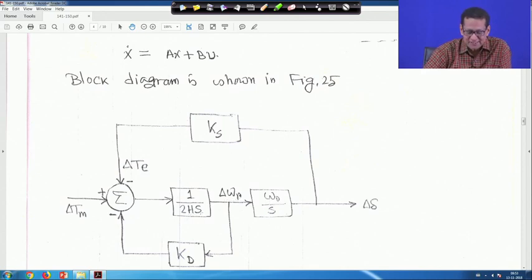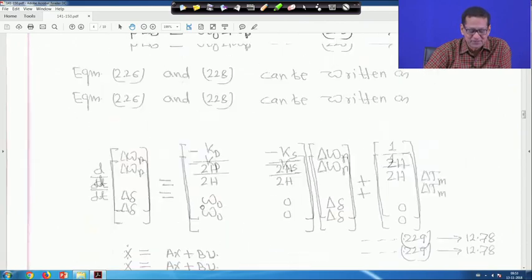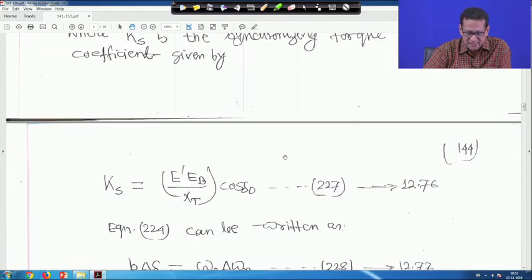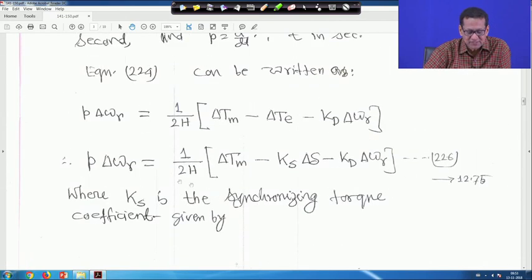Similarly, for the first equation, equation 226, you replace P by S, since P is equal to d/dt and we go to the Laplace domain.